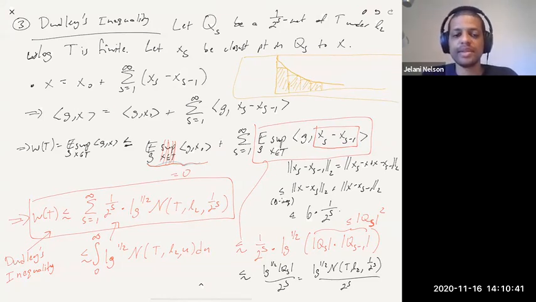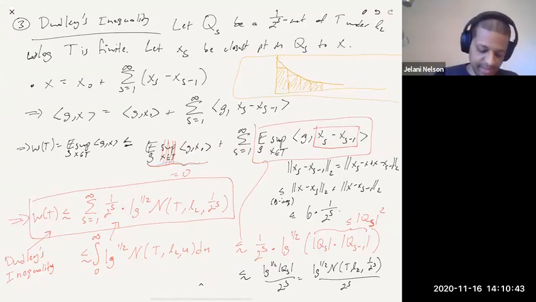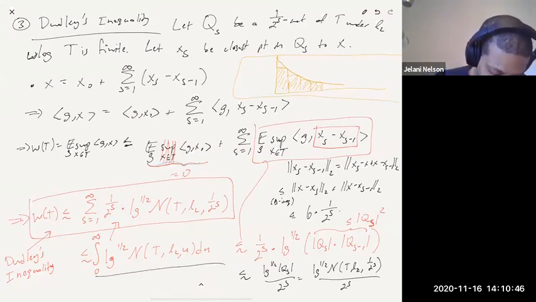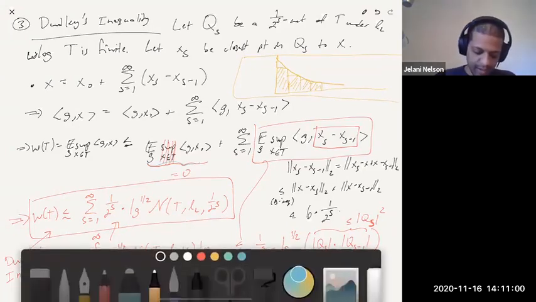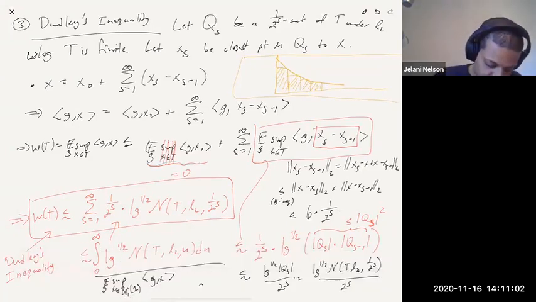Okay. So imagine you looked at the expectation over g of the sup over x in the L1 ball of radius 1 of g dot x. So even forgetting randomness, what is this?